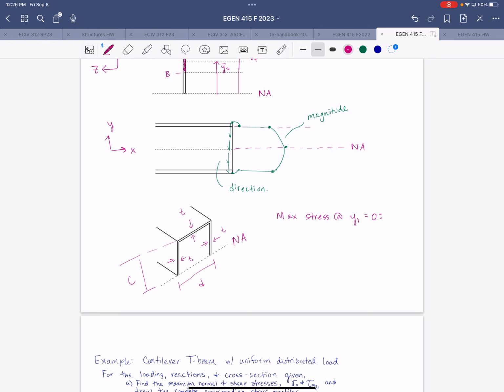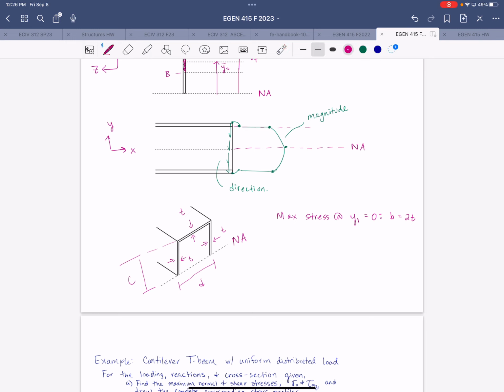At that location, the width that we would use in our stress calculation would be equal to 2T. So I just like to point that out because you want to make sure that you use the total width of the material at the location where you're calculating shear stress. If you draw a line through the cross section at that point, however much width of material you have there, that's what you use for B.